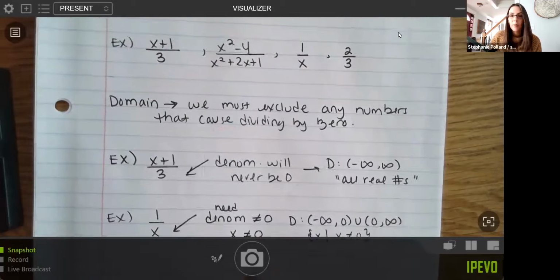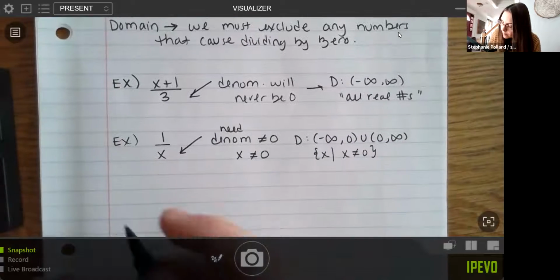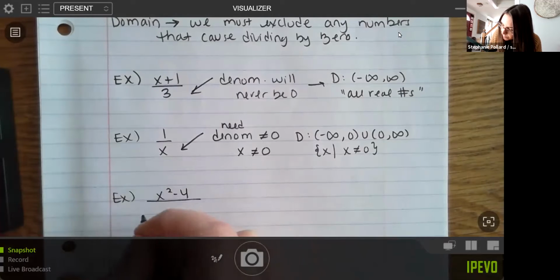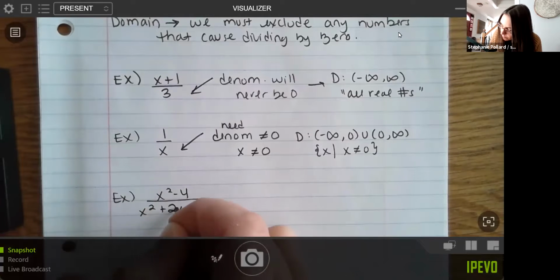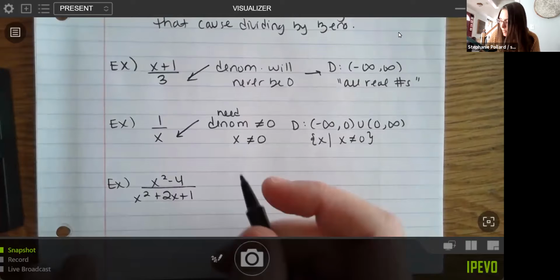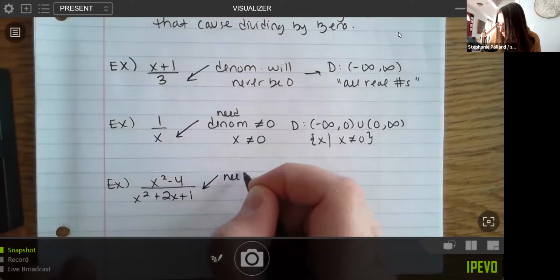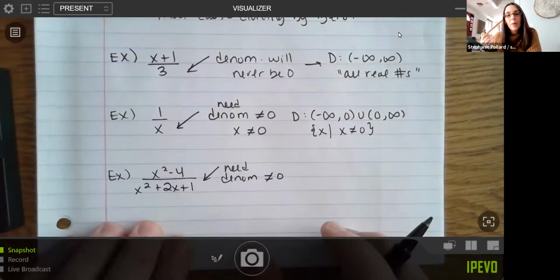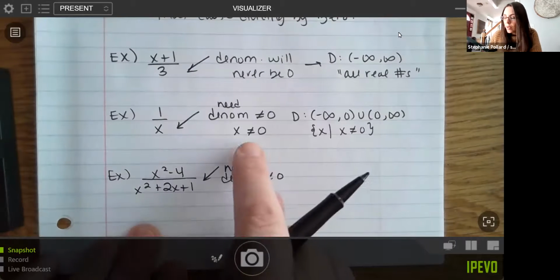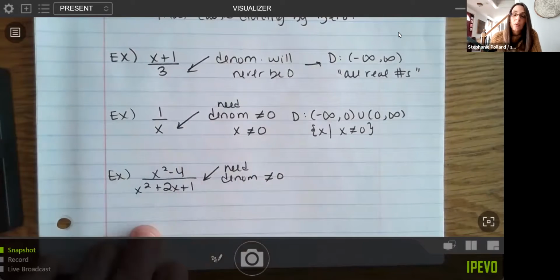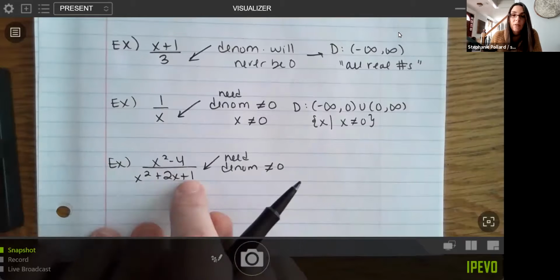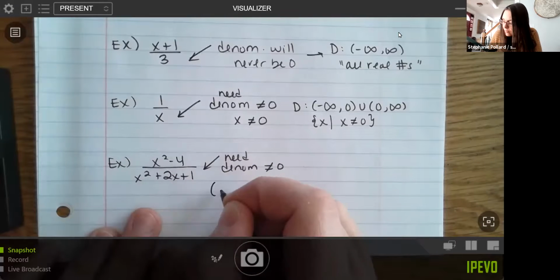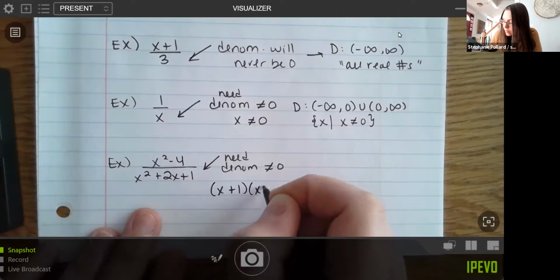All right, and let's look at this example right here. So again, we need to make sure your denominator is not equal to 0. So what we typically do, if you can't just figure it out, this one was pretty straightforward because it was just x, so we have to exclude 0 there, but you're going to actually want to factor or solve this. So this one is factorable. We can factor into x plus 1, x plus 1.